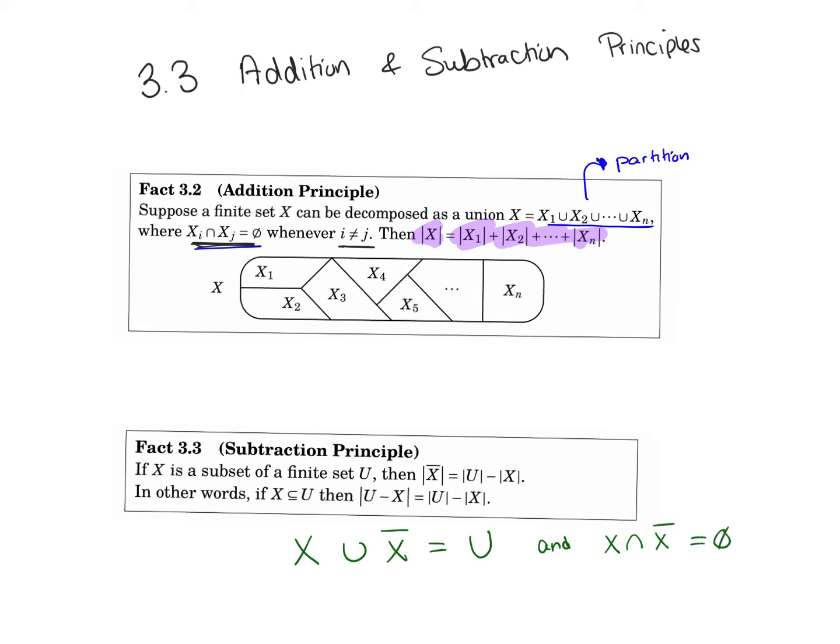So by the addition principle, we get that the cardinality of x plus the cardinality of x complement is equal to the cardinality of the universal set, which means that the cardinality of the universal set minus the cardinality of x gives you the cardinality of the complement. That's all we're showing here in this subtraction principle.